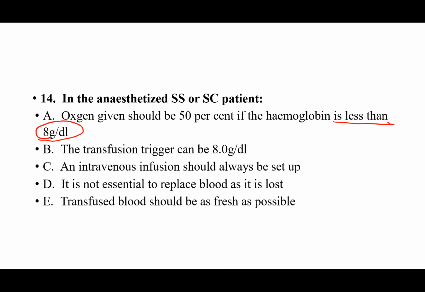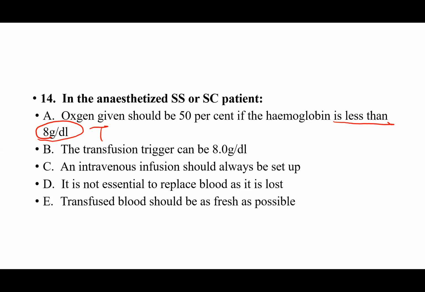Is it 50% you give them, or 100%, or even less than 50%? For sickle cell patients, it is 50% oxygen, whatever the hemoglobin level is. So the answer is true.